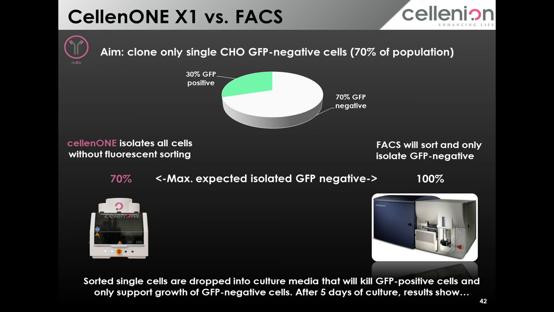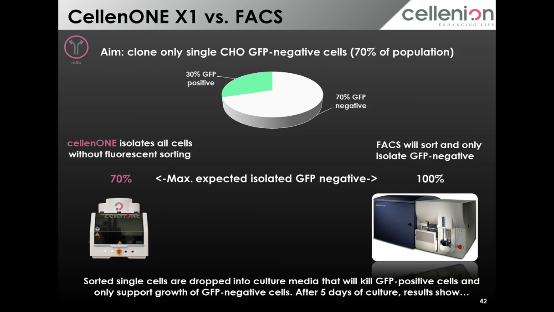The aim was to clone and to look at only the negative cells, the GFP negative cells from a CHO cell media. Starting point was only 70% of this population was the population of interest, because only 70% were negative.